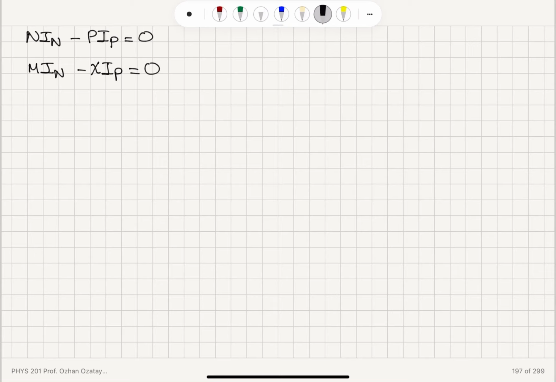And at the same time, the current going through the resistor N is epsilon divided by the equivalent resistance N plus M. And the current going through the resistor P or X is epsilon divided by P plus X, the equivalent resistance. That's Ohm's law.